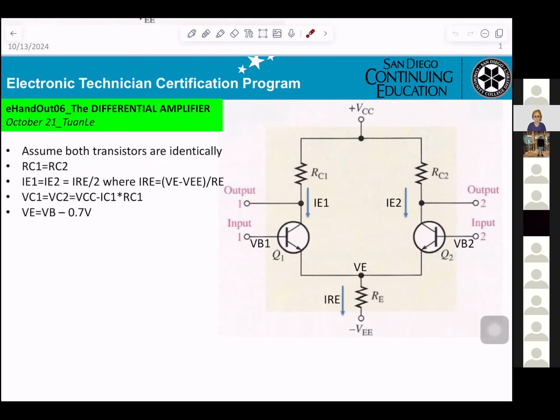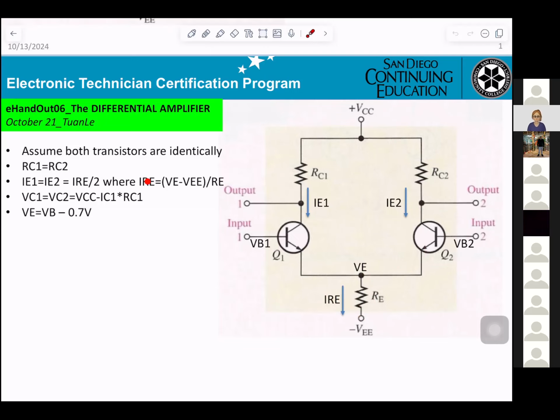Both will be identical. IE1 equals IE2 equals IRE divided by 2. You know this current going here goes down, this going here goes down. So that's why IE1 equals IE2, and that will be equal to IRE divided by 2.